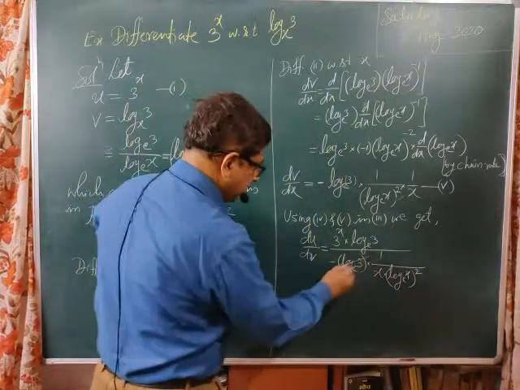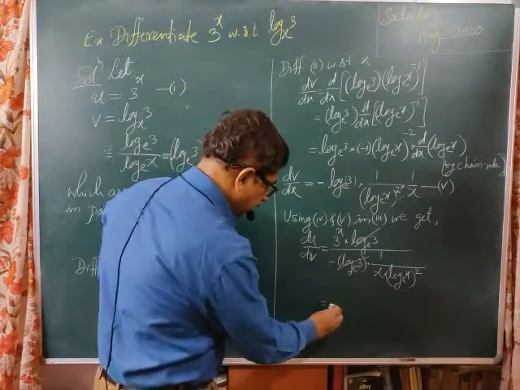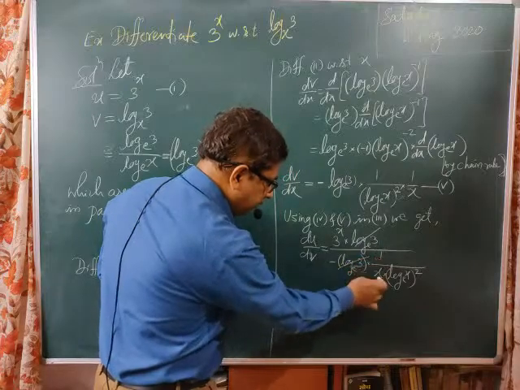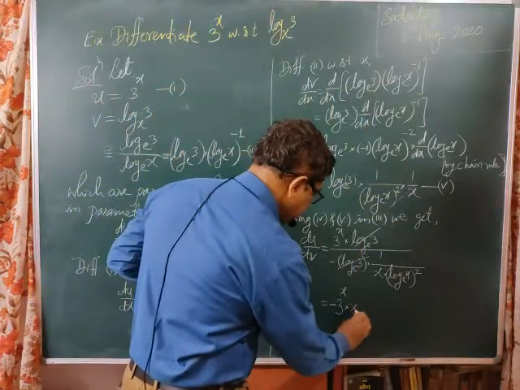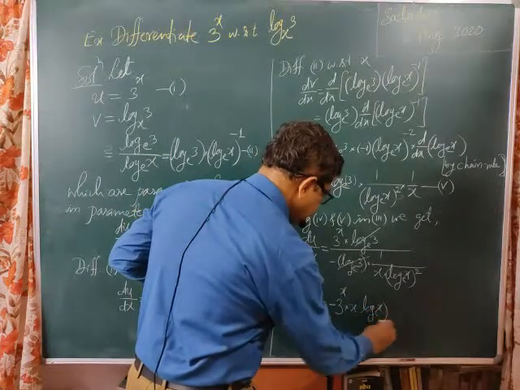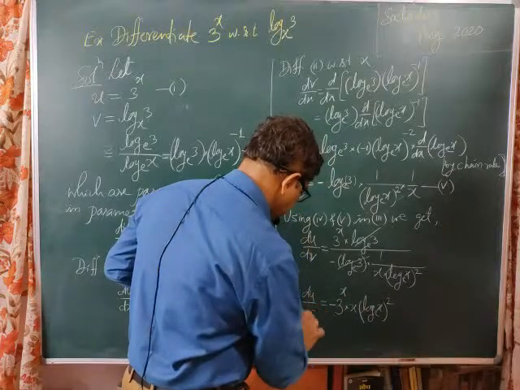Now log 3 gets cancelled with log 3, and final answer we are getting is this minus sign, minus 3 raised to x into the denominator can be transferred into numerator. So this is x into log of x to the base e bracket square, and this is the answer du by dv.